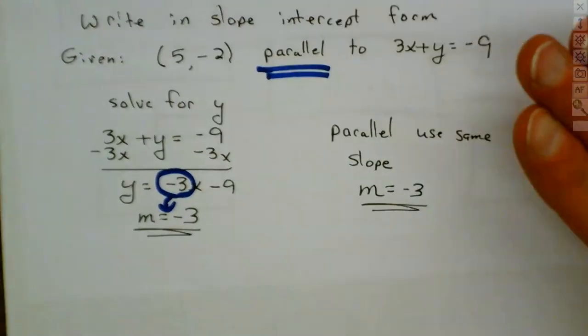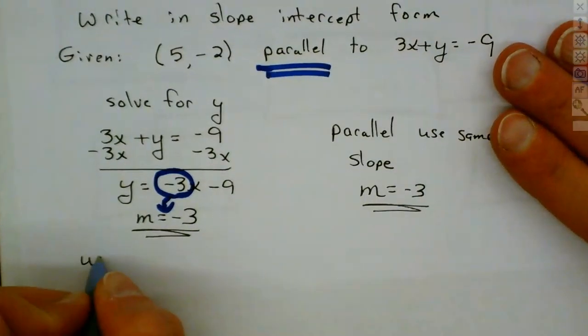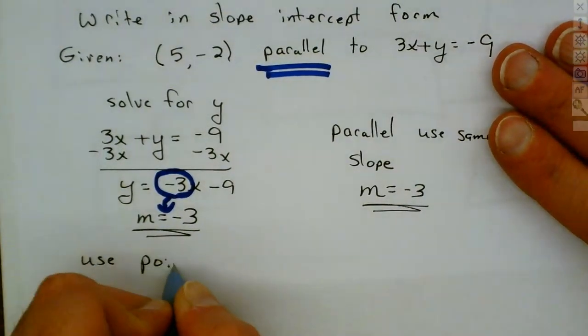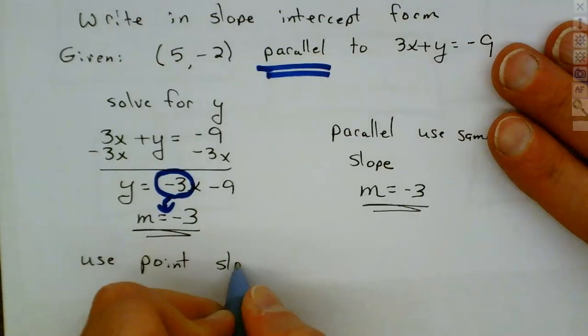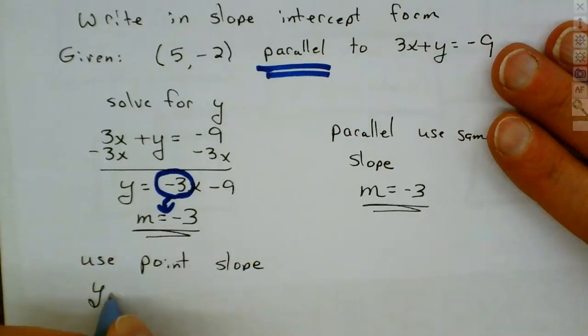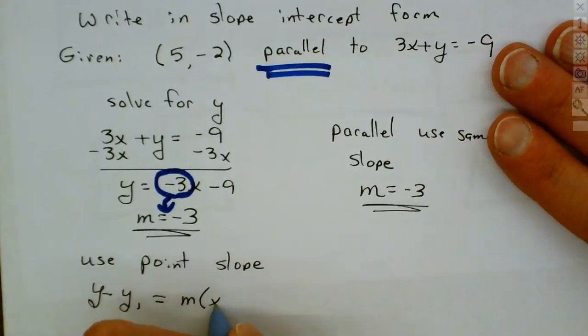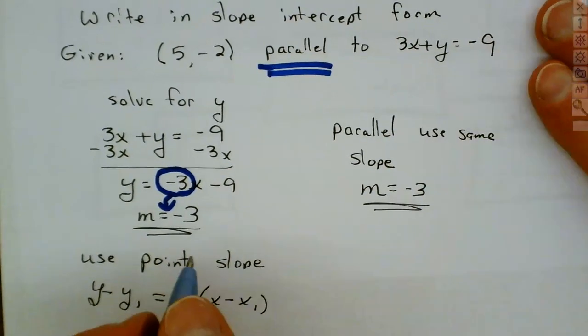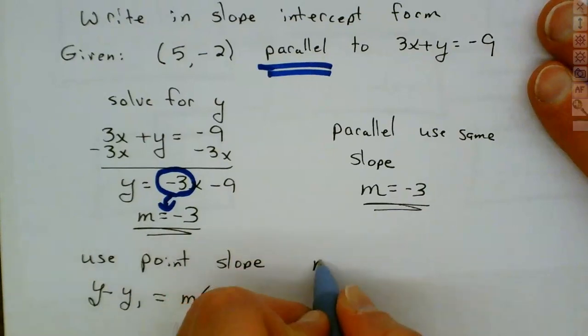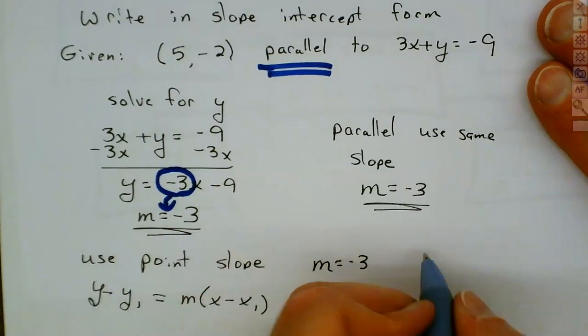This is slope-intercept form eventually. So now we're going to use point slope. And that's y minus y1 equals m times x minus x1. And we have our slope that we're going to be using, which is a negative 3.